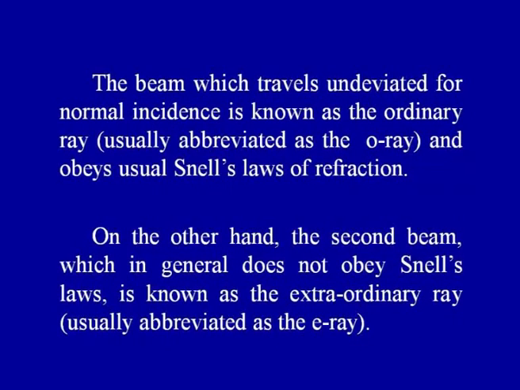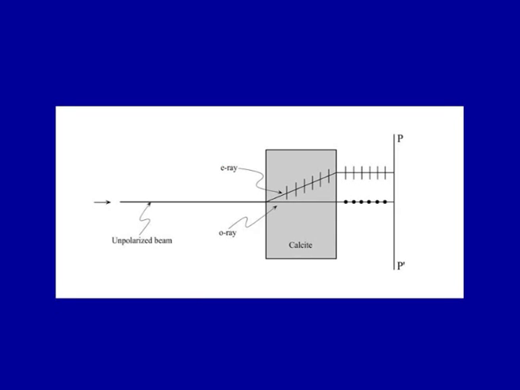On the other hand, the second refracted beam, which in general does not obey Snell's laws, is known as the extraordinary ray, usually abbreviated as the E ray. See here, the incident beam is getting split into two.